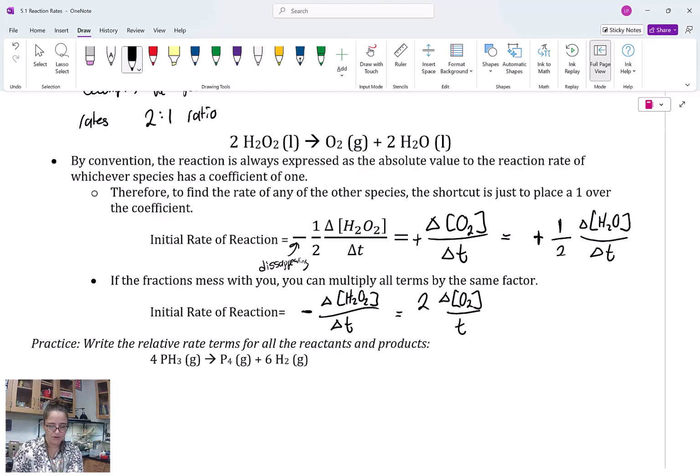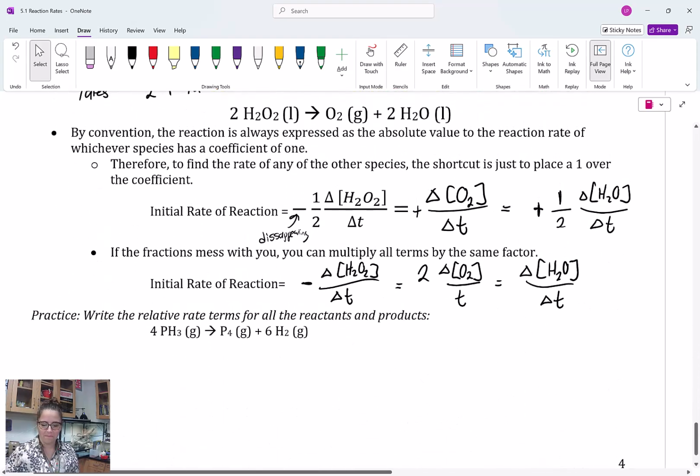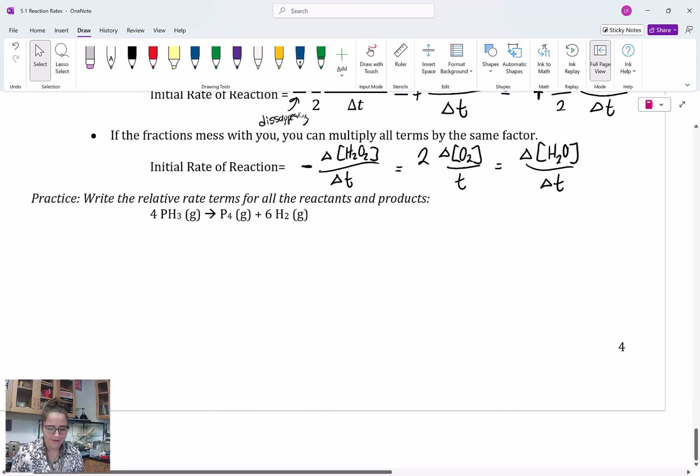For every 1 O2 that appears, the rate of H2O2 is double the rate of oxygen. Okay? And that's equal to the rate of water appearing over time. Okay? Those two rates are twice as fast as the oxygen will appear, which we can see on the graph as well. Okay? So whichever way you like it is totally fine.